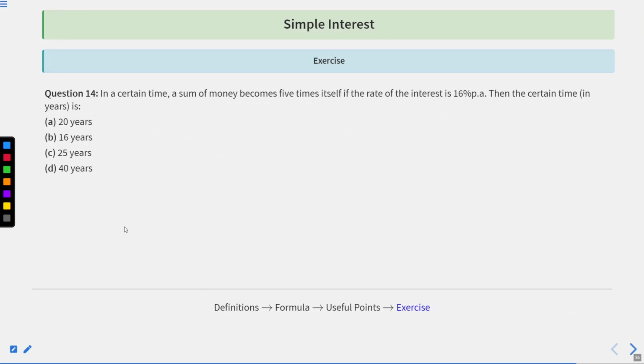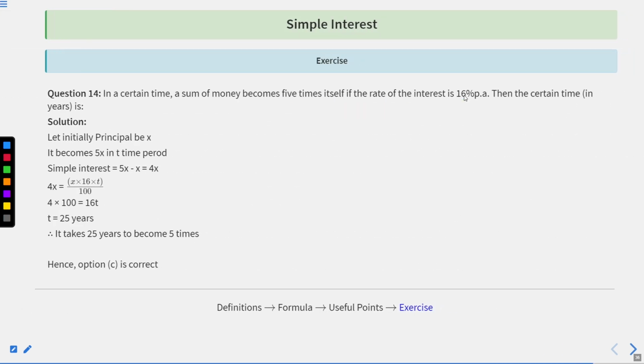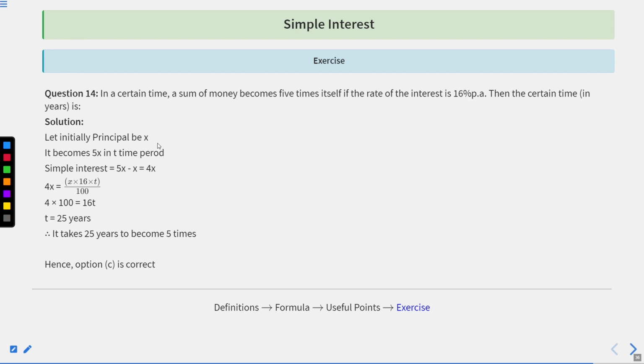Question number 14. In a certain time, a sum of money becomes 5 times itself if the rate of interest is 16% per annum. Then the certain time in years is? Solution: let initially the principal be X and it becomes 5X in T time period.